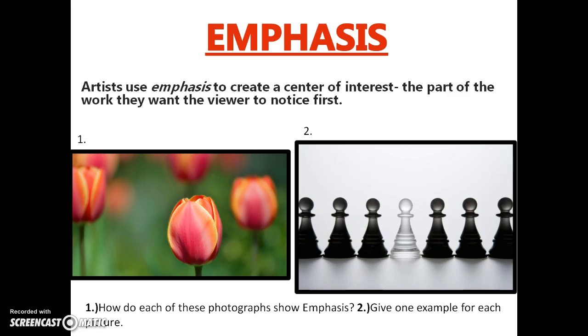Question 2 asks, give one example for each picture. What I'd like you to do is answer these two questions in your sketchbook. Label it appropriately in your sketchbook so that you and I know that you're answering it for this question on emphasis.